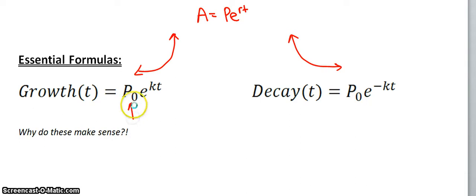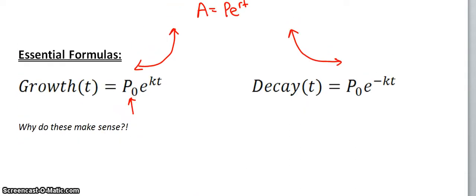Now, in other contexts, some people say P sub 0. That's the same thing as this P here. That P sub 0 is just your initial amount. Some people write P sub 0 because 0 means initial, what you start with after no time, 0 time. And instead of having an r and a t, some people write it as kt.